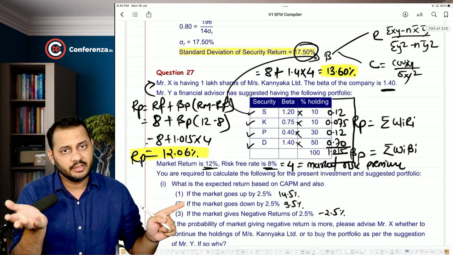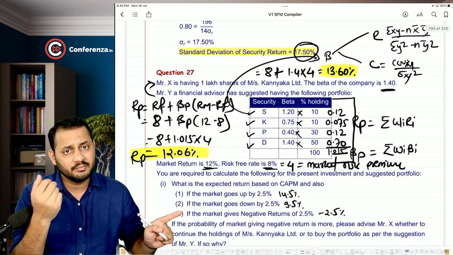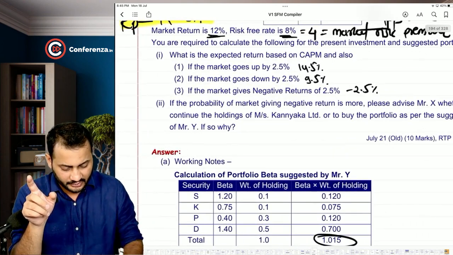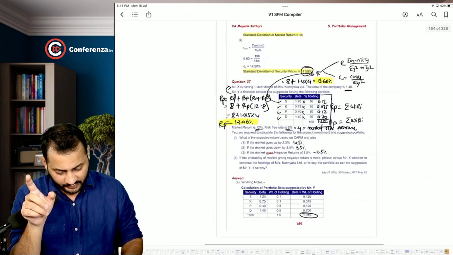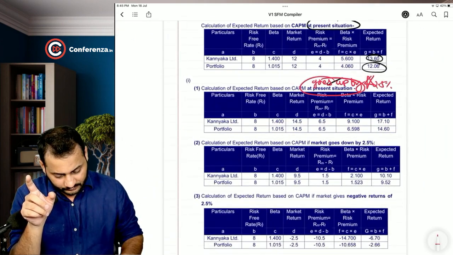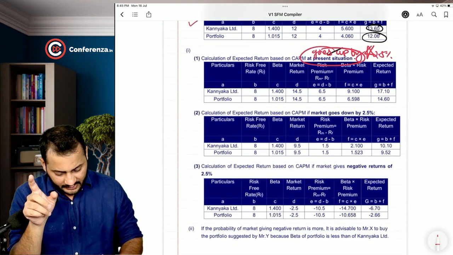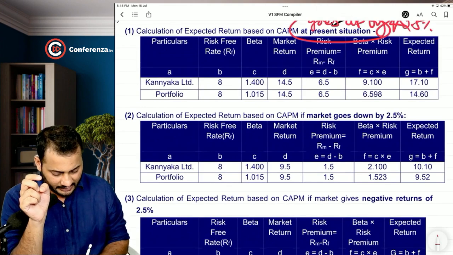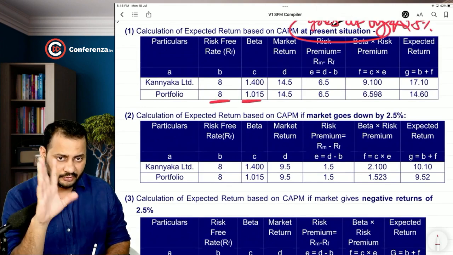In the second one, keep 9.5, and in the third one, keep directly minus 2.5, because it says it gives negative return, not going up or down. So see what we have done in the first three parts. This is the present situation, and then these are the three parts. Goes up, 14.5, then what we have done here is risk-free rate of return this much, beta of the individual security and the portfolio this much.